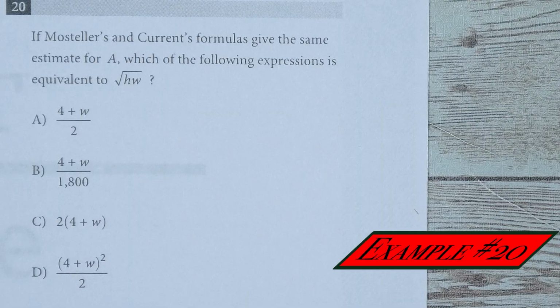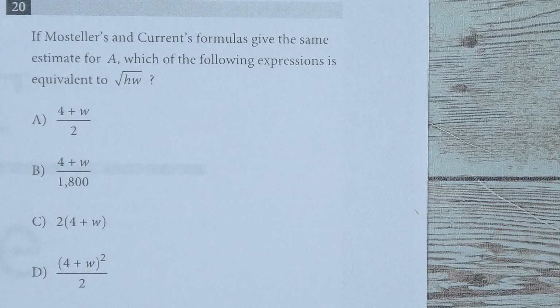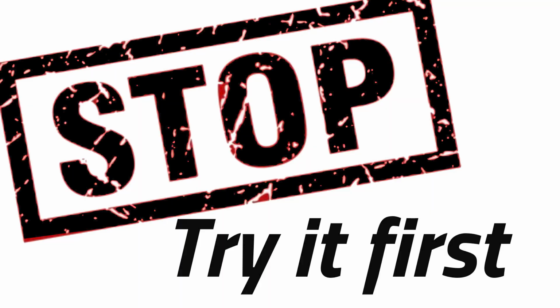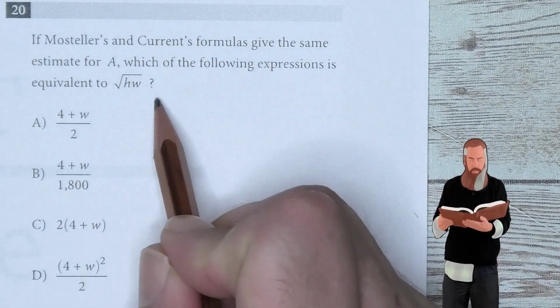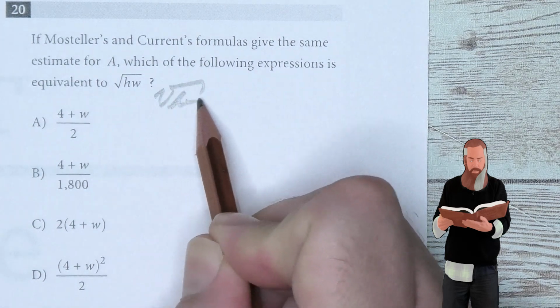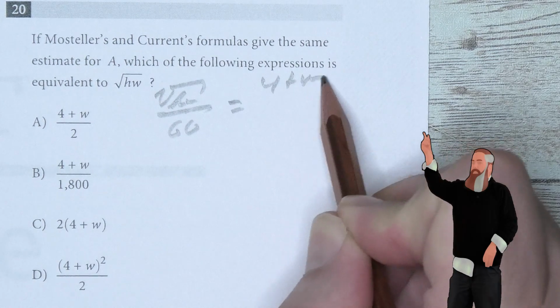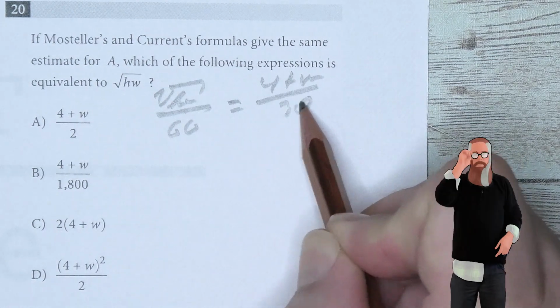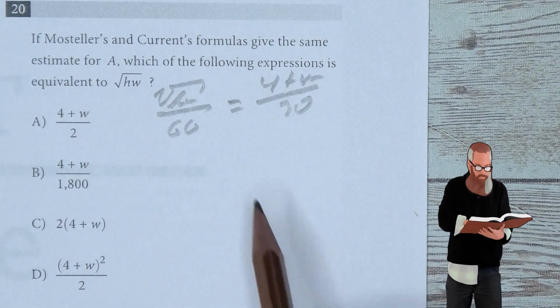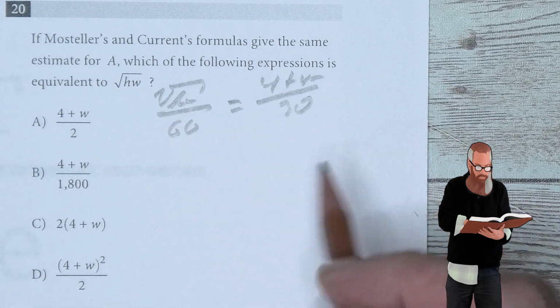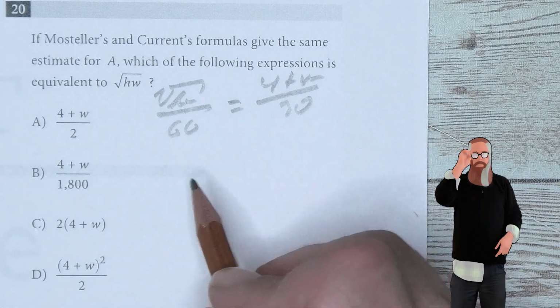If Mosteller's and Current's formulas give the same estimate for A, which of the following expressions is equivalent to the square root of HW? So what we're actually saying is the square root of HW over 60 would be equal to 4 plus W divided by 30. And we're solving for the square root of HW, so we multiply both sides by 60.